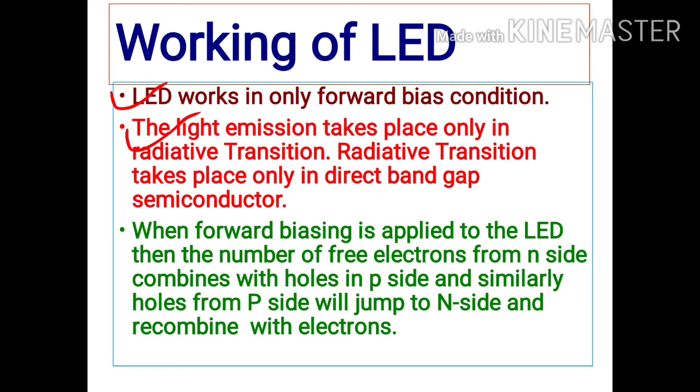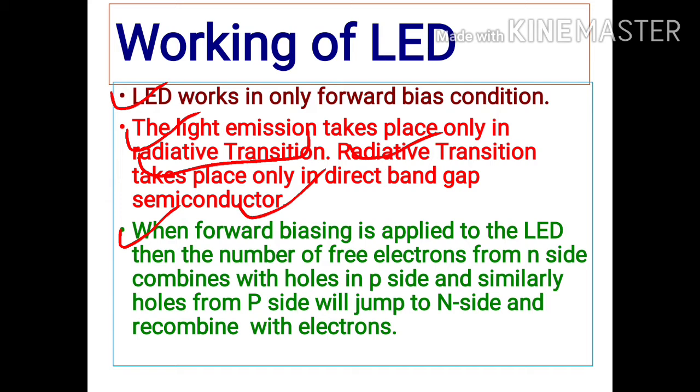So light emission is only possible in radiative transition, and radiative transition takes place only in direct band gap semiconductors. So if we want to construct an LED, then for this purpose we need to use a direct band gap semiconductor. If we use other semiconductors, then radiative transition will not take place, so we will not be able to get light. And now we will see how the light is emitted.